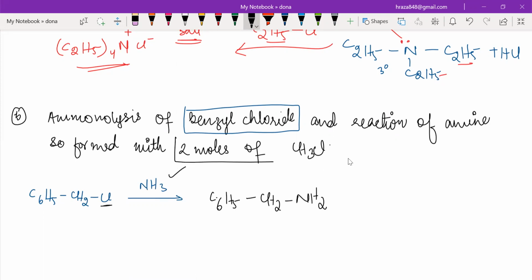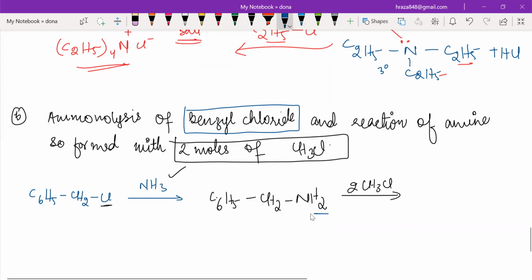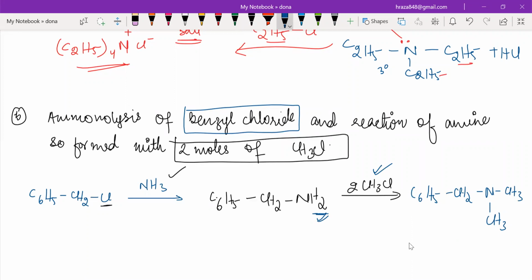It has also been said that you need to use 2 moles of CH3Cl. That means one hydrogen will be replaced by CH3, and the other hydrogen will also be replaced by CH3. So here it will be CH3 and here CH3, with CH2 on the other side. Now, to name it, N,N-dimethyl benzyl... phenyl methanamine.